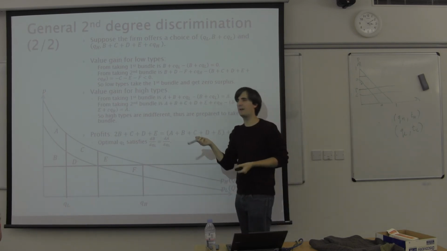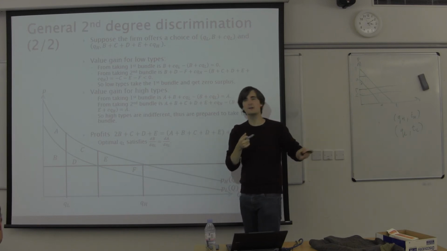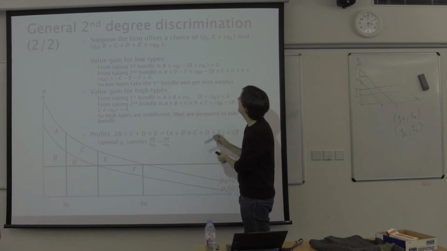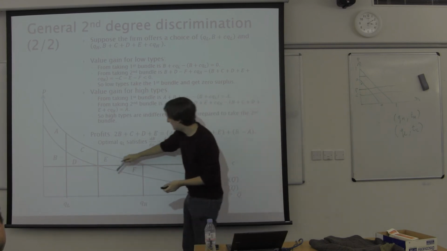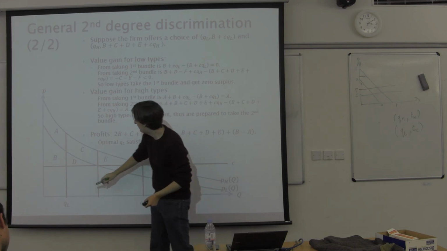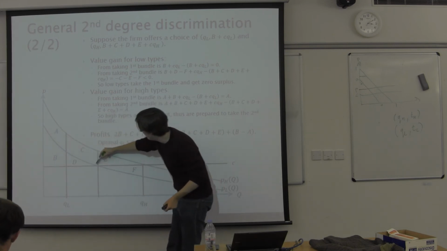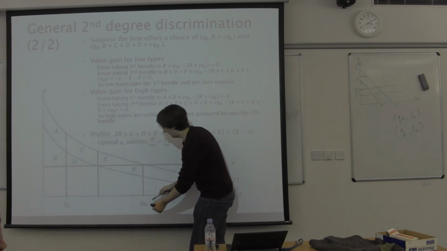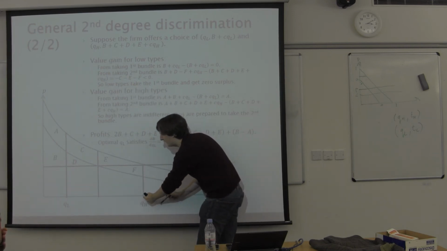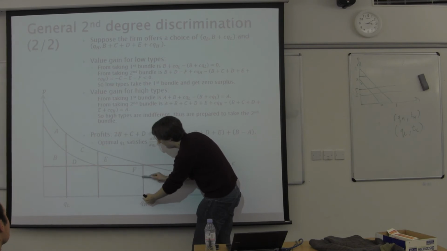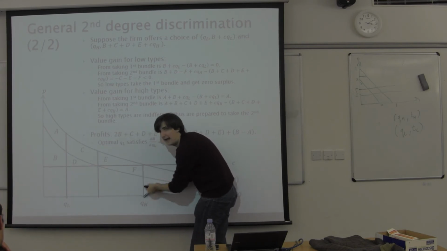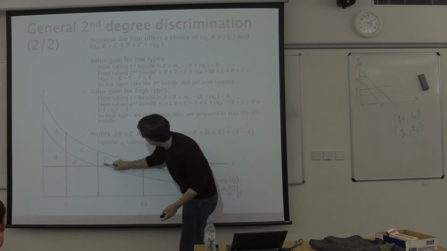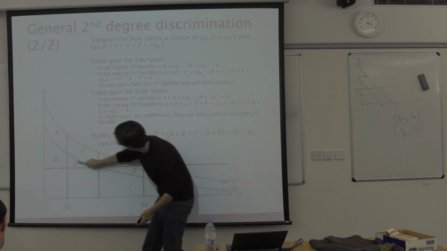We have to check that the low value consumers don't want to take the high value bundle. If they take the second bundle, here's their demand curve. The second bundle says they get a quantity QH, this quantity here. Their value gain from consuming this product is the area under the demand curve, all of this area here.